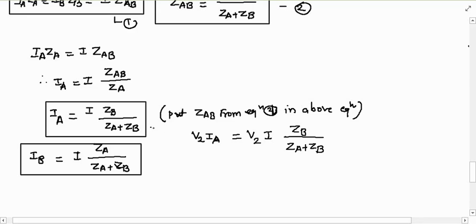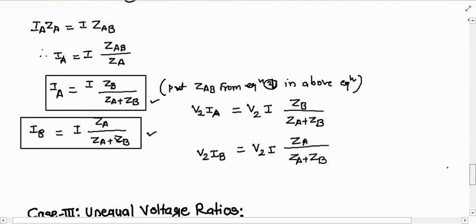Similarly, V2 IB equals V2 into I into ZA divided by ZA plus ZB.